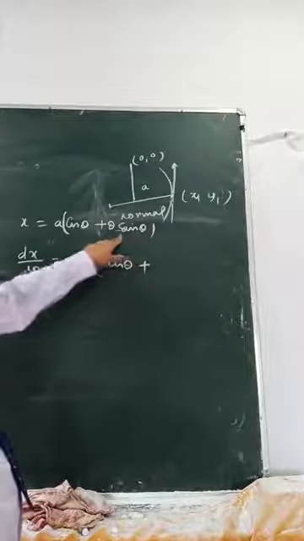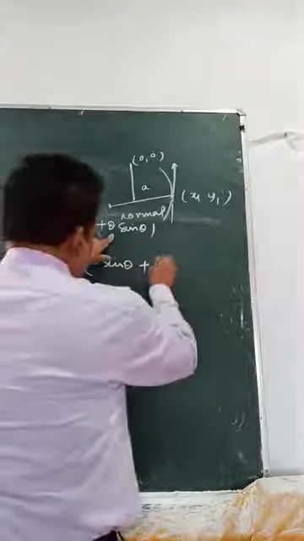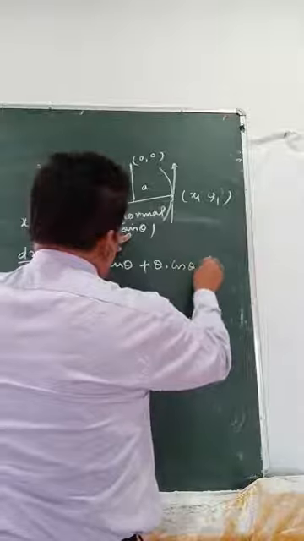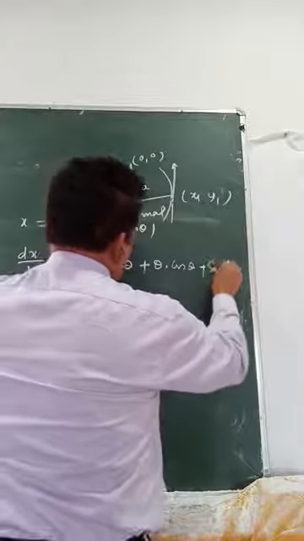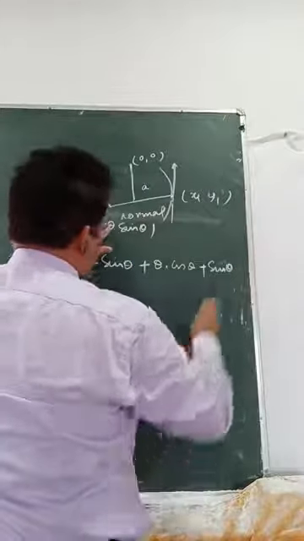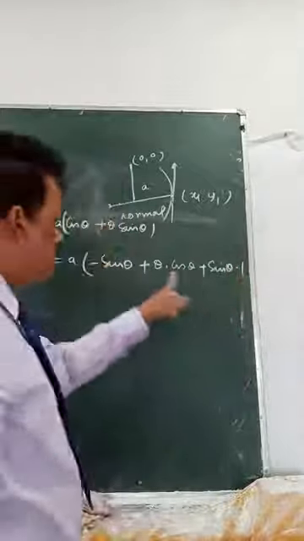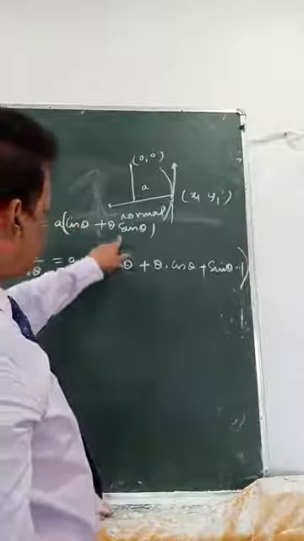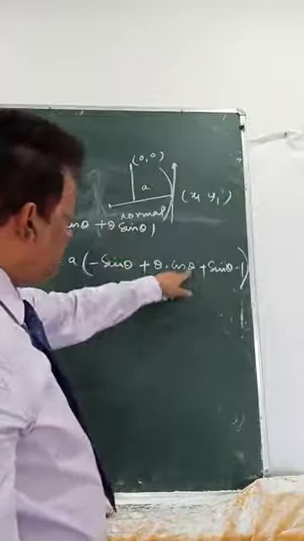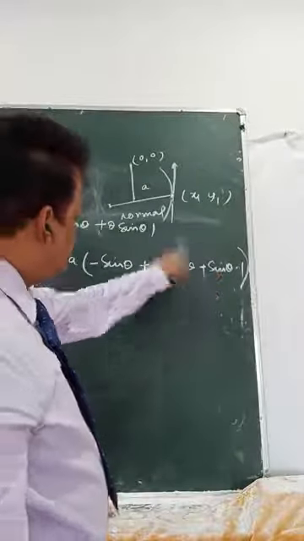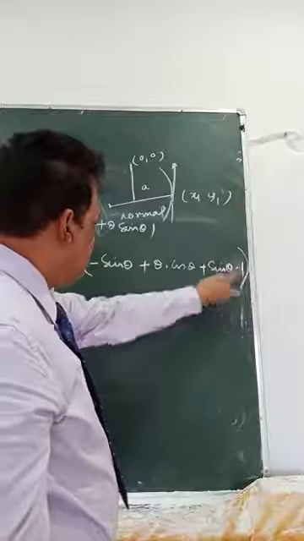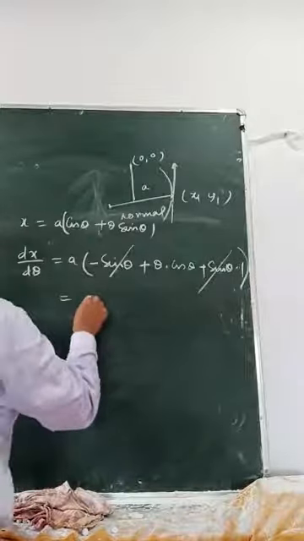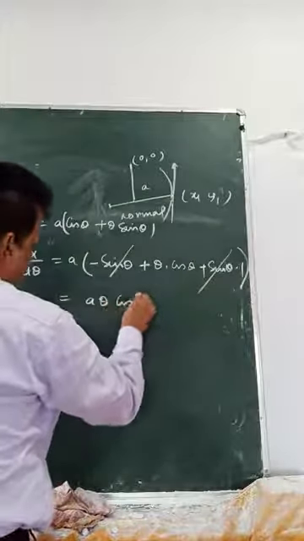Here is the product rule: theta times the derivative of sin theta is cos theta, plus sin theta times the derivative of theta, which is 1. First function times derivative of second, then second function times derivative of first. So I can cancel here, and that is a theta cos theta.